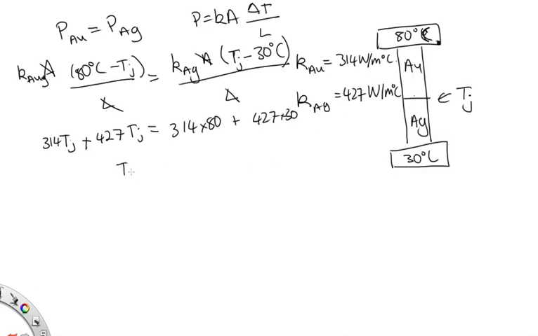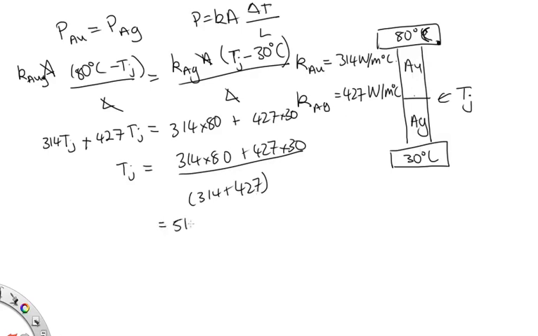Now we can just solve for TJ. It's 314 times 80 plus 427 times 30, over 314 plus 427. Solving that on the calculator, we end up with 51.2 degrees C.